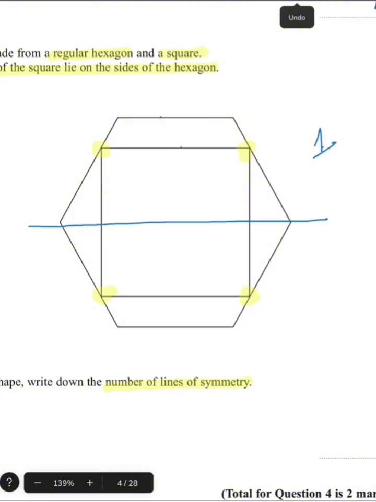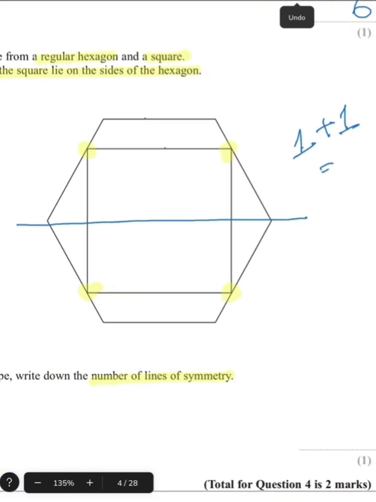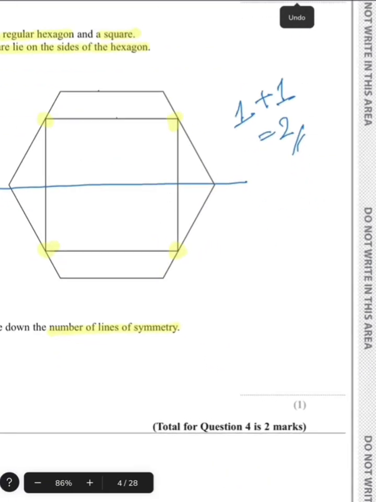Now let's fold it. If we fold this part up to here, the top will land on the bottom and be equally shaped. So we have another line of symmetry, which means we have two lines. The answer would be 2.